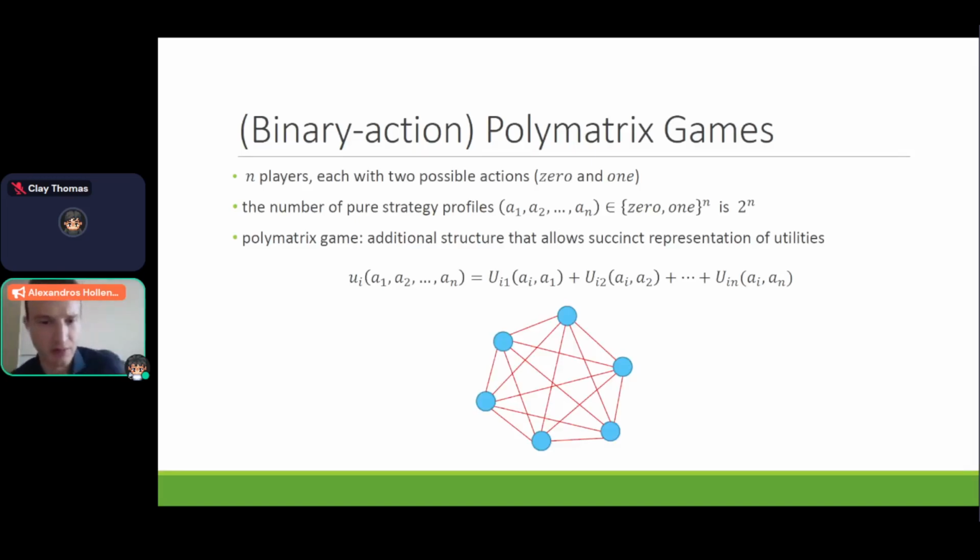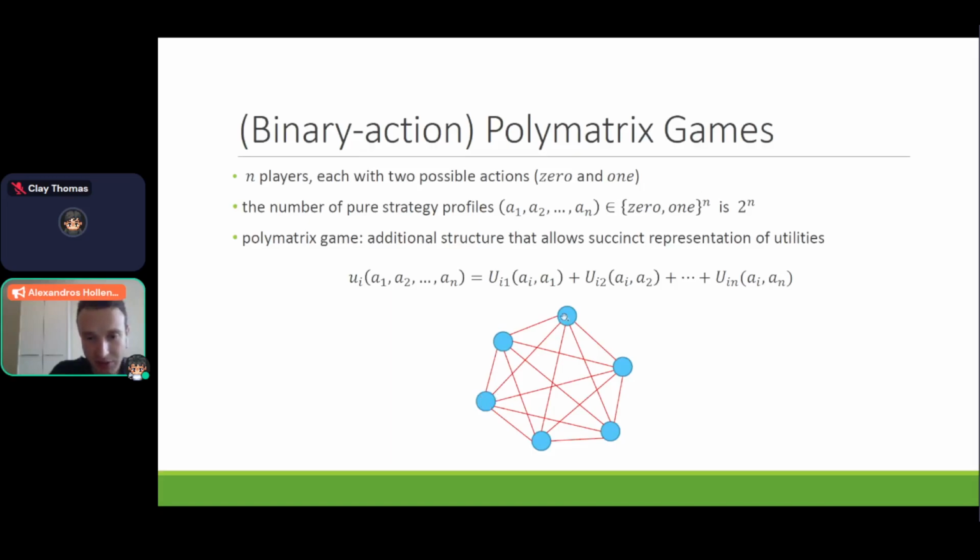Okay, and another way to think of it is as a graph, as a clique, where the blue nodes represent the players, and the red edges represent the small games that the players play. So, for example, we have two blue nodes here that represent two players, and there's an edge because they play a small two-player game, and that gives some payoff to this player.